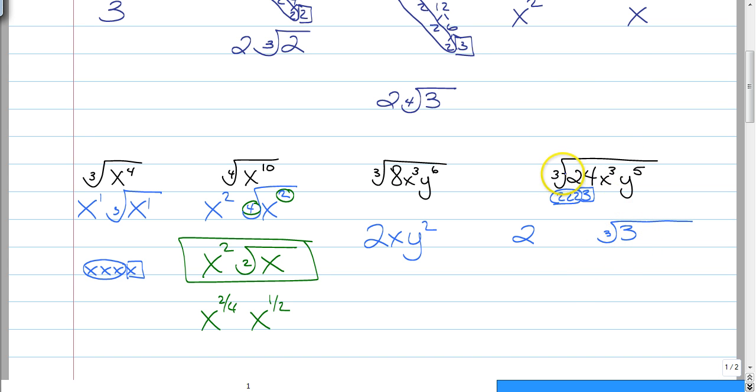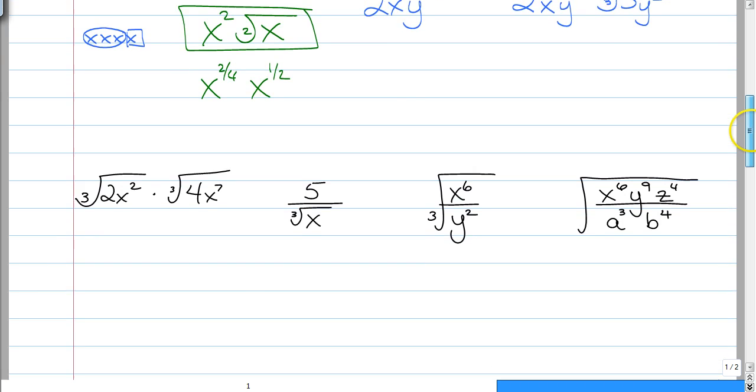And now ask, how many times does 3 go into 3? Once with no remainder, so you get to pull out 1x. How many times does 3 go into 5? It goes in there once, but you have 2 remaining inside. Done. So that row was just a slight step up from the previous one.